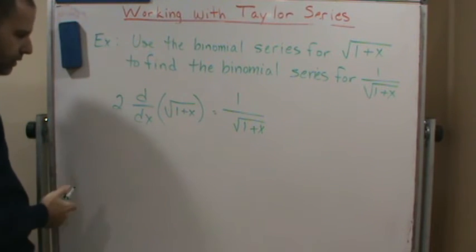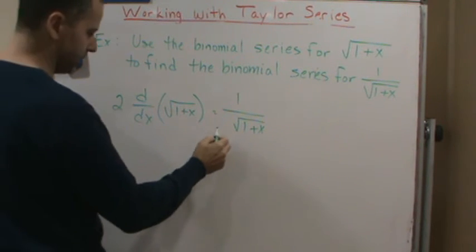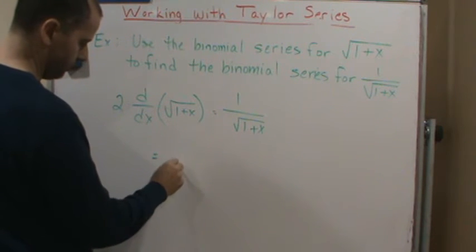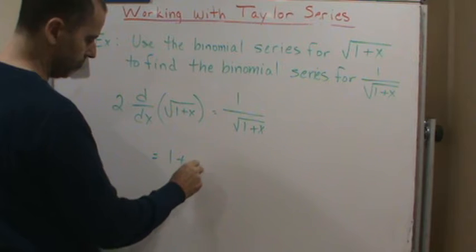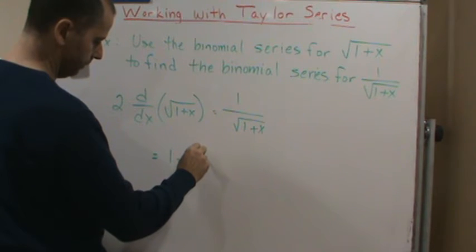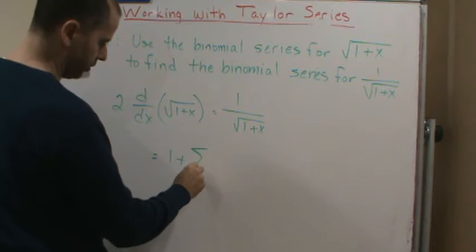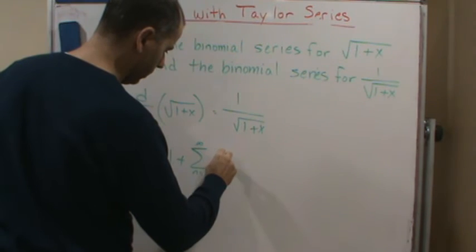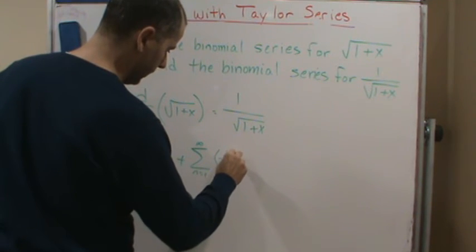And when we do that, this is going to equal 1 plus the summation from n equals 1 to infinity of -1 to the nth power.